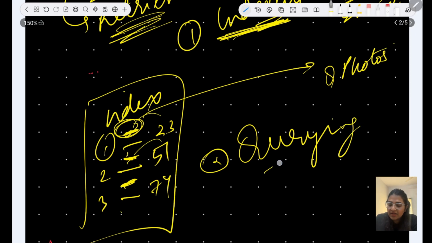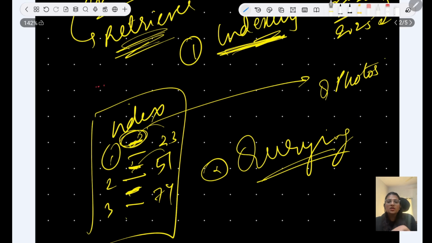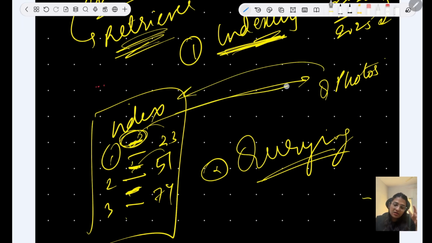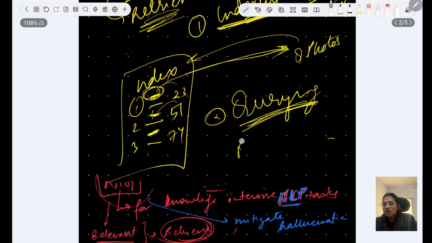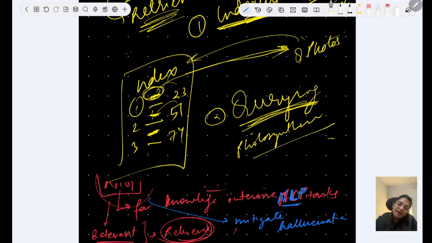Second thing that a retriever has to do is querying. Now, what is querying? Querying is basically the process of sending a query and getting the relevant answer back. So if I am able to query right, for example, if my question was how does a plant do photosynthesis to survive, and it is able to query the right part of the well-indexed photosynthesis section to get the right answer, that's good.